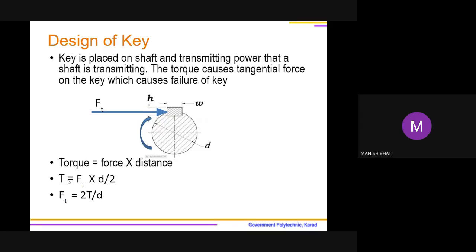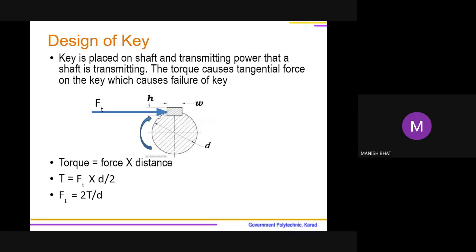So I may write torque is equal to Ft, tangential force, multiplied by d by 2. So from power, I may find torque when RPM is known, and from this torque, we will be finding Ft, which is the tangential force at the shaft.